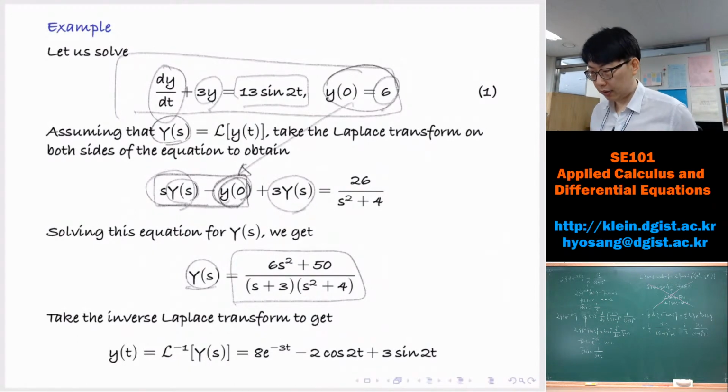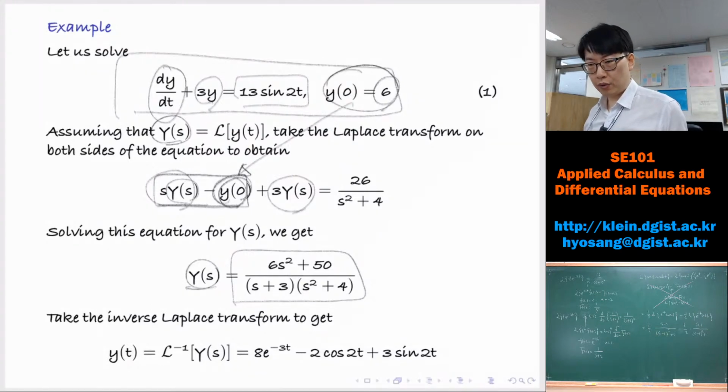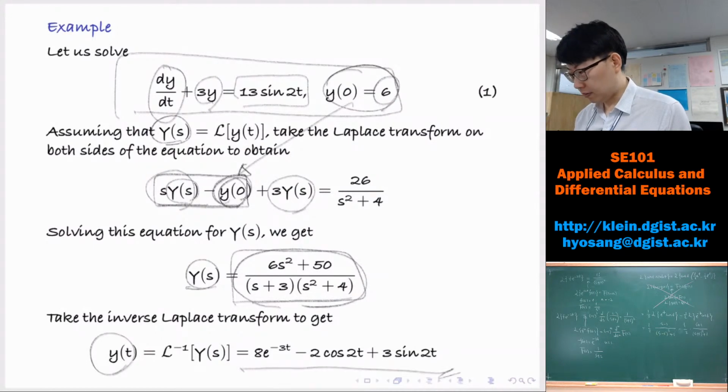Just make it simpler. So then what you get is the inverse Laplace transform to retrieve the original function y of t. We already did the inverse Laplace transform of this function, so y of t is given by this function. Okay? Does it make sense?